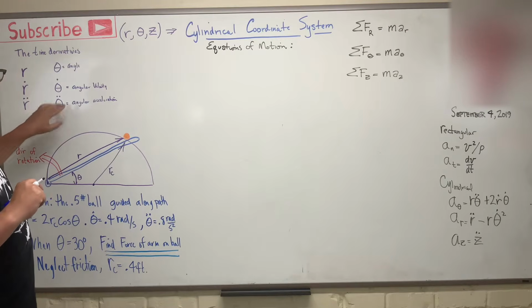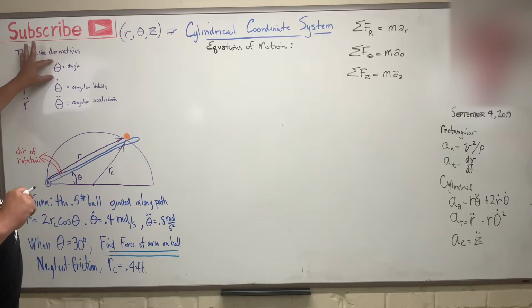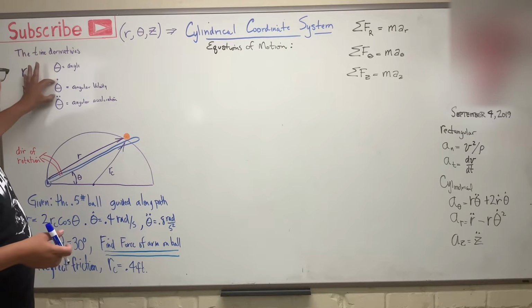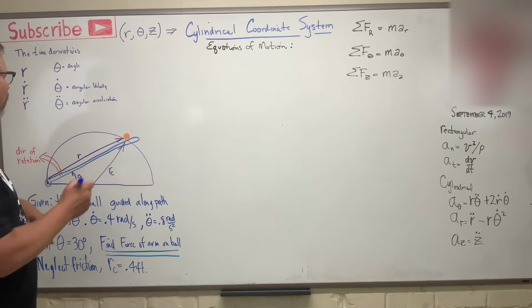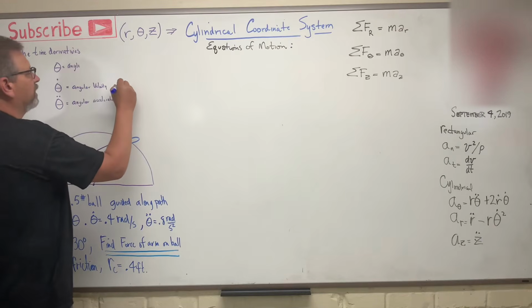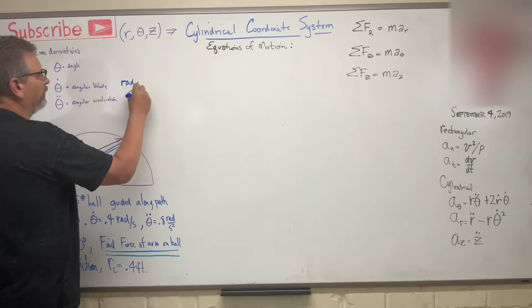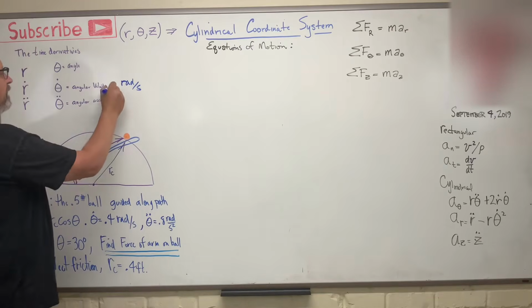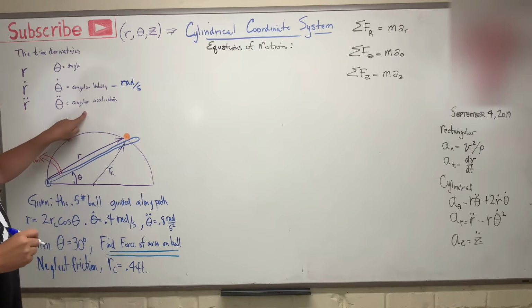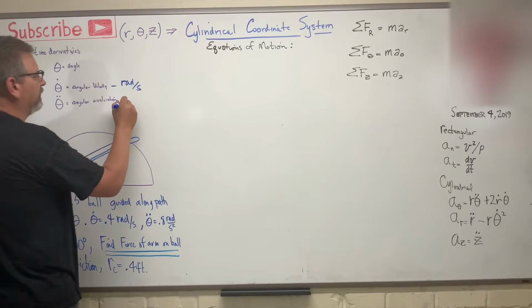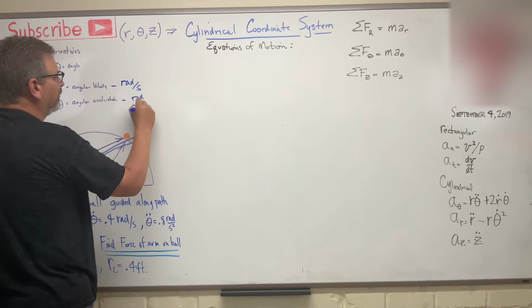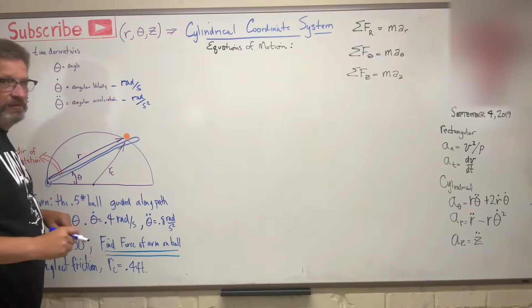So theta is the angle, it would just be like 30 degrees. Theta dot would be the angular velocity, and that's going to be in something like radians per second. And then theta double dot is angular acceleration, which is going to be in something like radians per second squared.